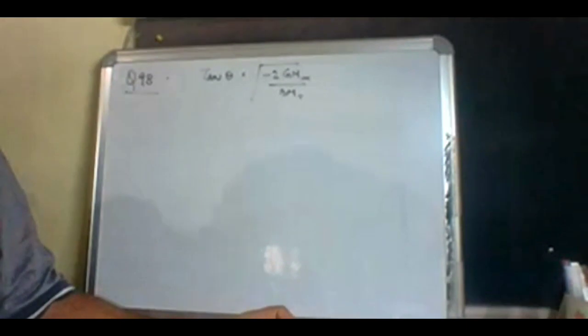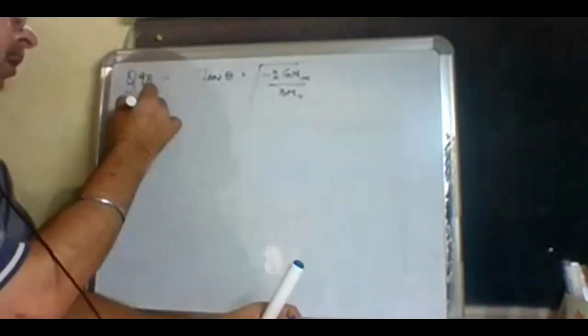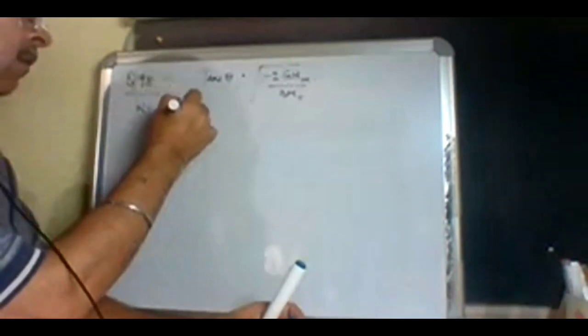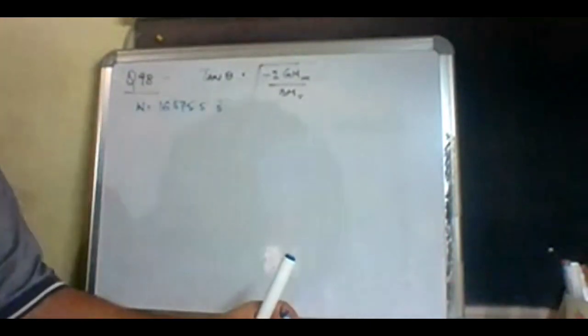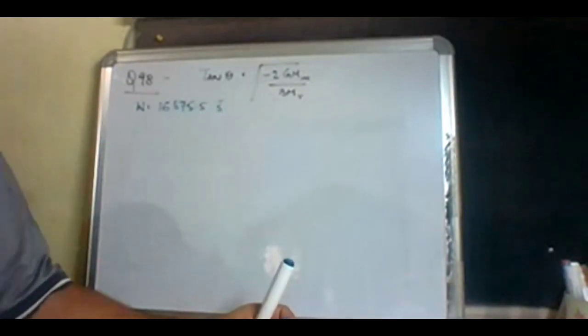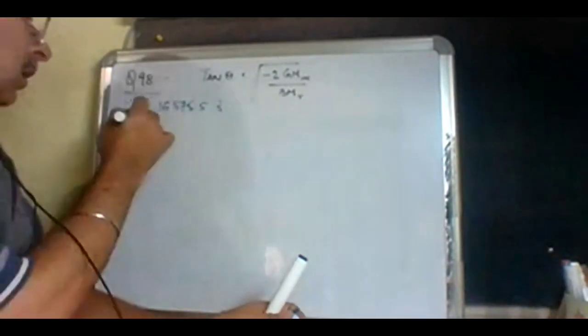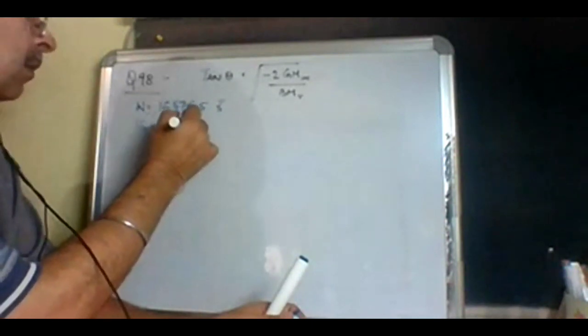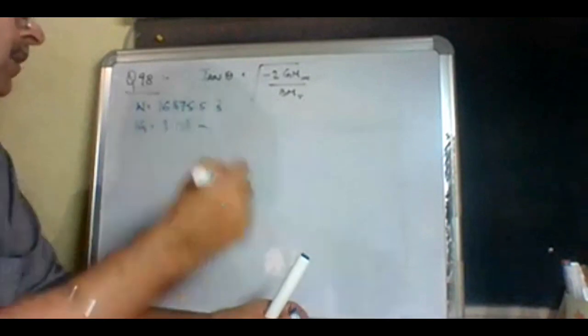So the question says MV Hindship is floating at a displacement of 16,875.5 tons. This is the displacement. KG is 8.158 meters.